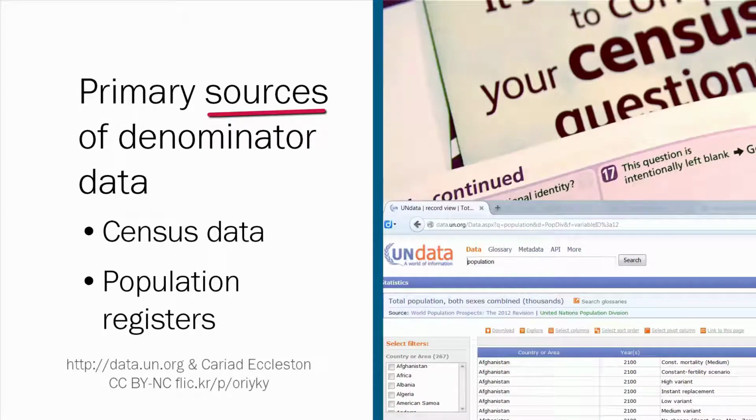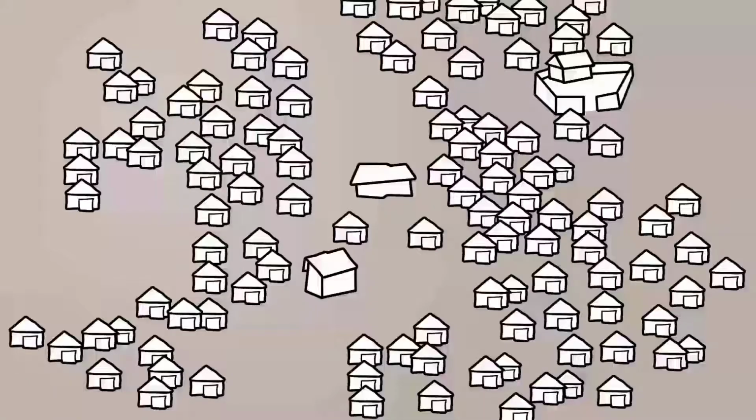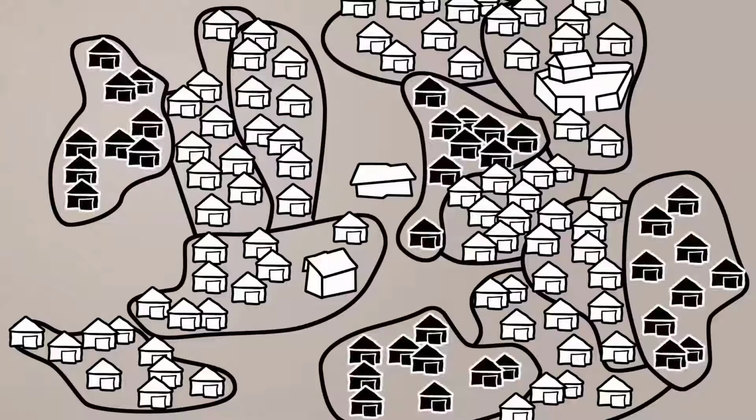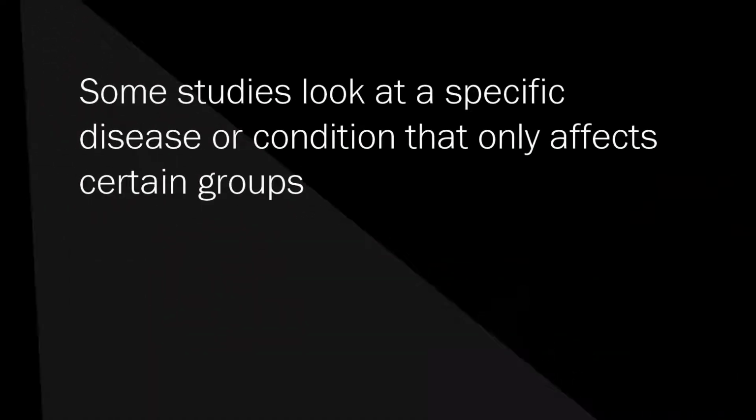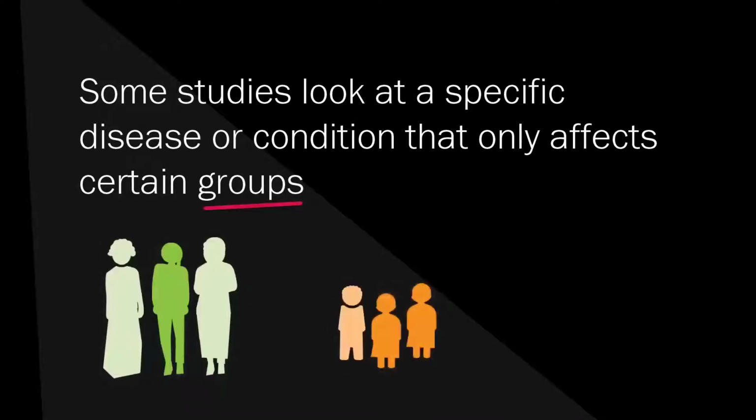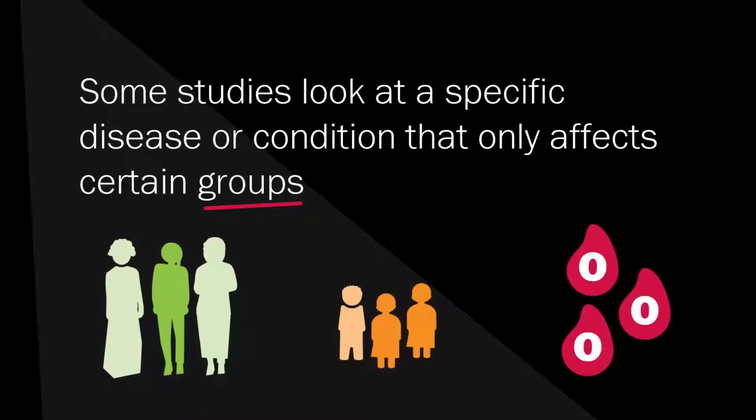In epidemiology, it is not always possible to study the whole population to obtain the prevalence of a disease. Instead, a technique called sampling is used and information extrapolated to the population. We will look at this in detail in later sessions. Some epidemiological studies look at a specific disease or condition that only affects certain groups, such as women, children, or a specific blood type.